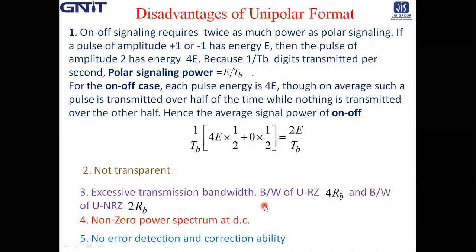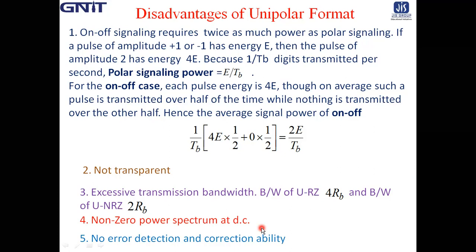In unipolar RZ, the bandwidth is 4RB, and in unipolar NRZ, the bandwidth is 2RB. Still it is large bandwidth. It has non-zero power spectrum at DC, and it has no error detection and correction ability.